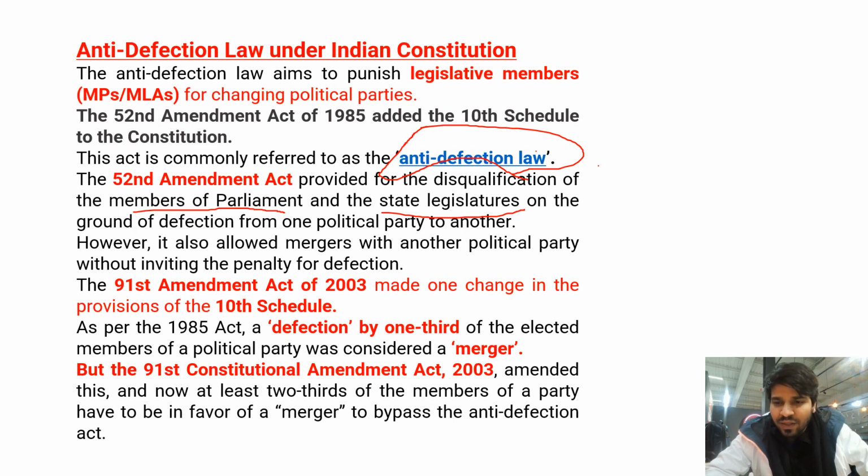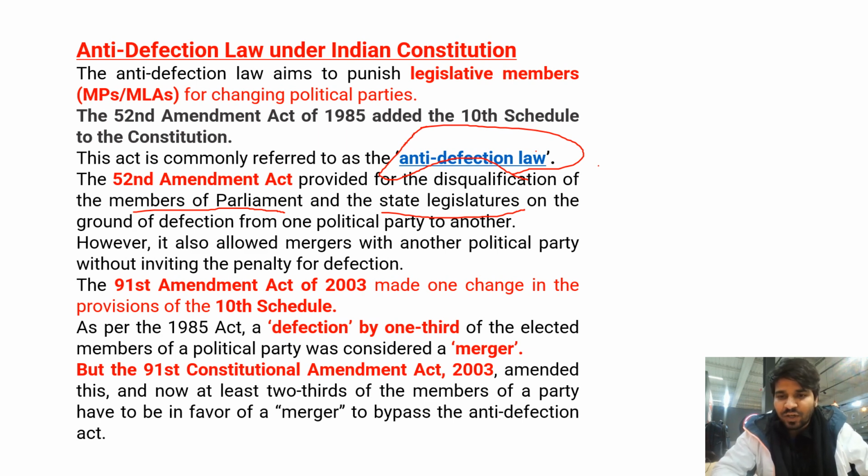But one thing was allowed: merger. Even when party members were defecting from one party to another, if 1/3 of the party members moved from one party to another, it was not called defection, it was called merger.